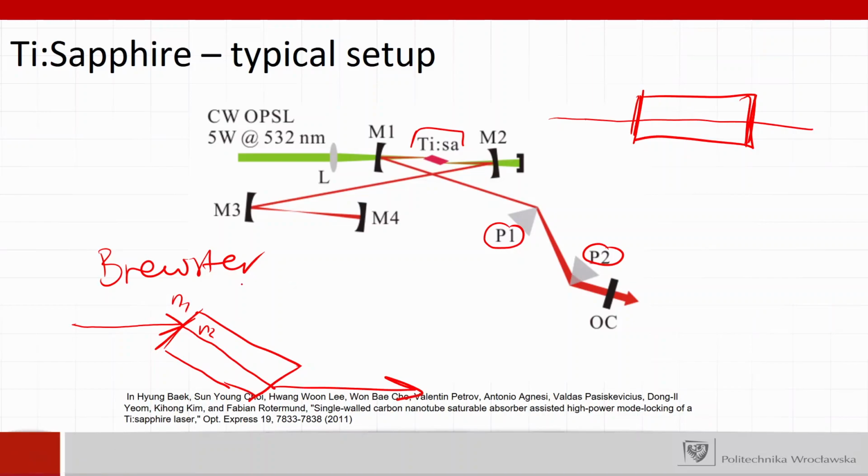And by that, we just ensure that we have no reflections from this surface, but all the light is just refracted inside the crystal. And you can see that it is pumped with a solid state laser at 532 nanometers. In this case, this was at the power of 5 watts.